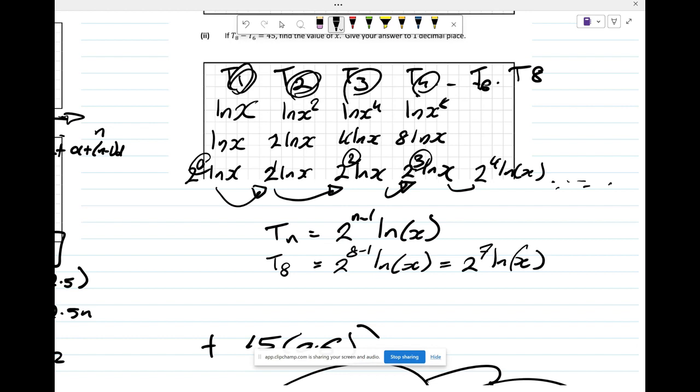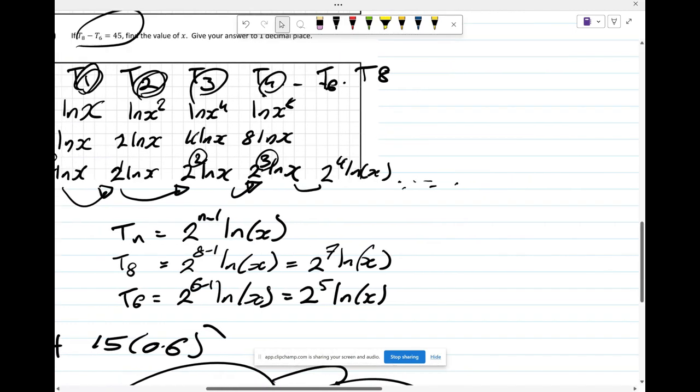Perfect. And if we wanted T6, that would be 2 to the power of 6 minus 1 ln x, so 2 to the power of 5 ln x. Perfect. And now it says T8 minus T6 is 45.